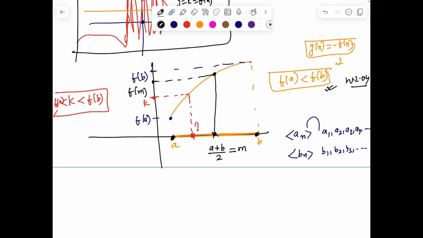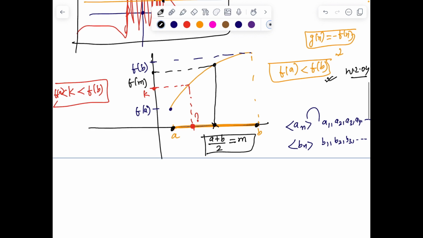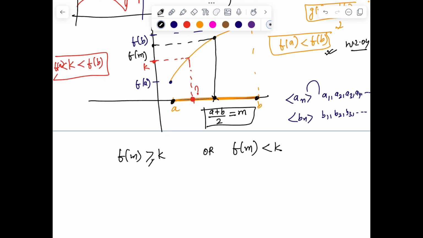Now if m is (A plus B) by 2, we can have only two situations. Either f of m will beat k, or f of m will be beaten by k, or f of m will be equal to k. So I can take equality in any case.